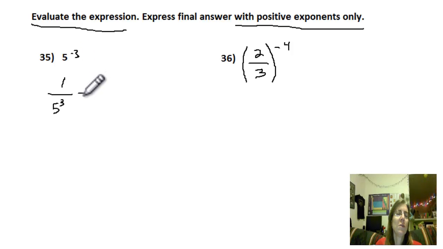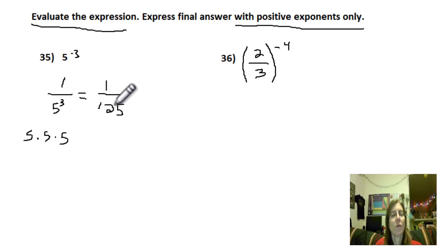Now, to simplify that down, you do 5 to the third power, which is 5 times 5 times 5, which is 25 times 5, which I believe is 125. So ultimately we get a fraction of 1 over 125.